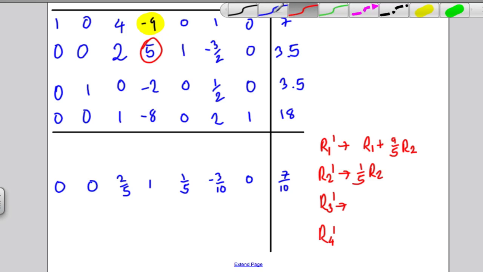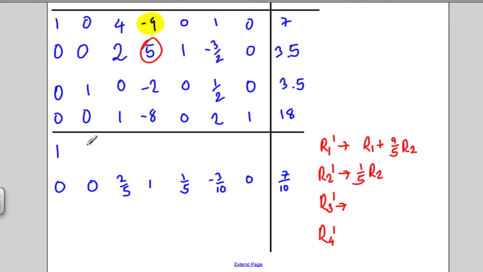Let's type in what we get. 1 plus 9 fifths of that is 1. 0 plus 9 fifths of that is 0. 4 plus 9 fifths of 2, we're going to get 38 over 5. Leave it in fractions, it's easier.